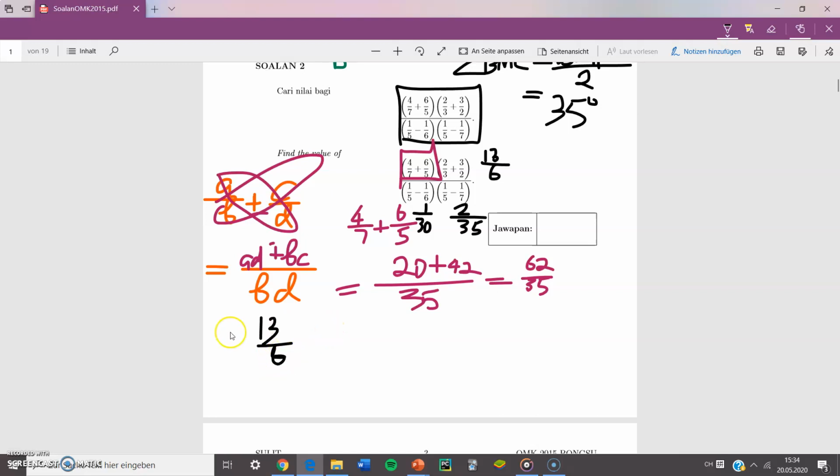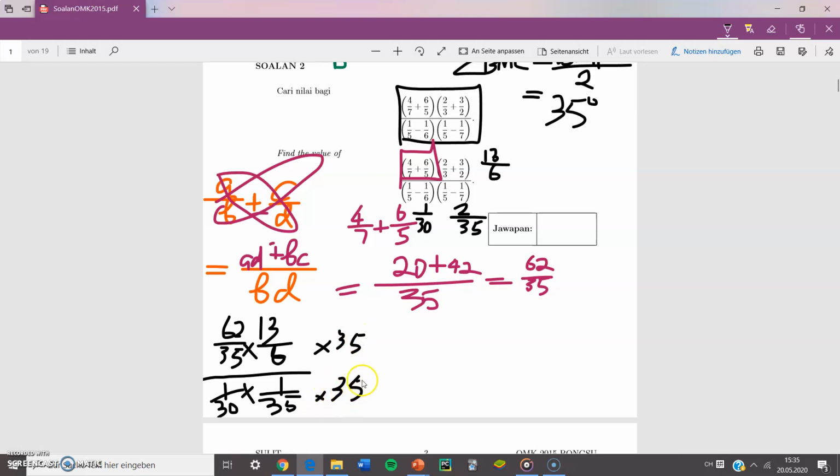So 62 over 35, 1 over 30, then 1 over 35. Okay, I should write a multiplication sign over here. Note that when you multiply the numerator and denominator by 35, what would happen?